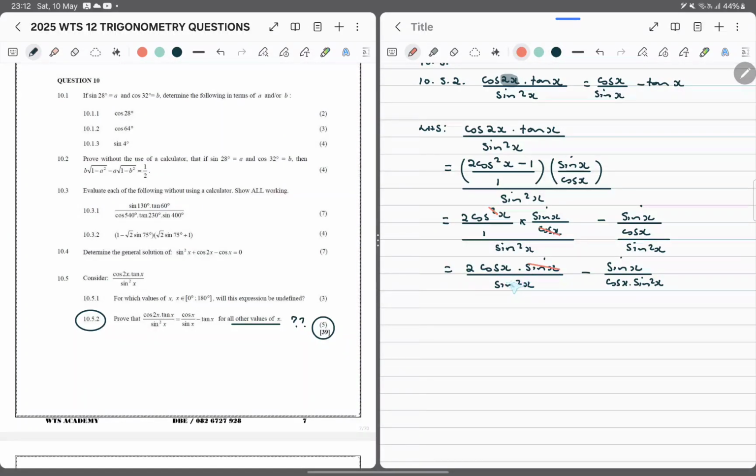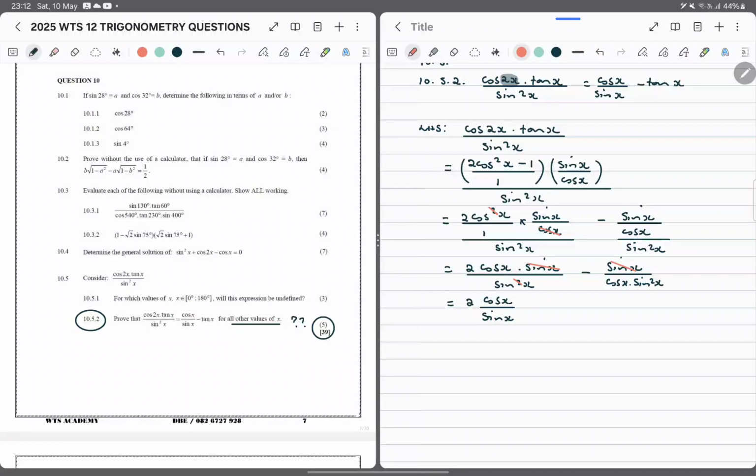Okay, guys, this one is humbling me now. So we have 2 cos x over sine x. So there it is. Cos over sine is coming up. But now the problem here is this dude.